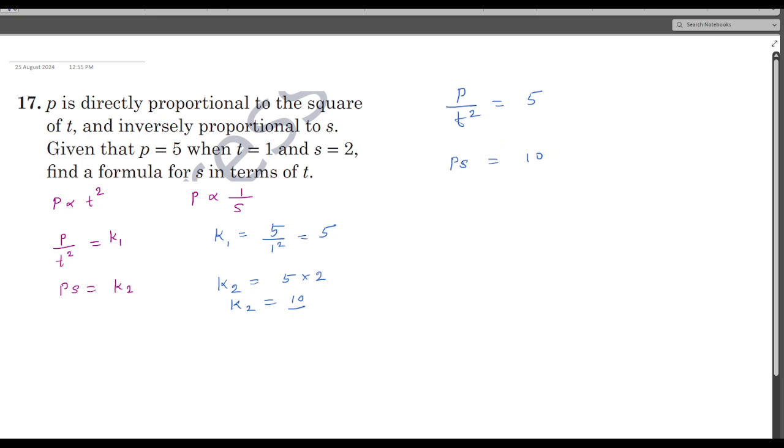Okay, so one thing, the value of p from this equation will be p is equal to 5t square. And as I have to write s in terms of t, here p times s is equal to 10.